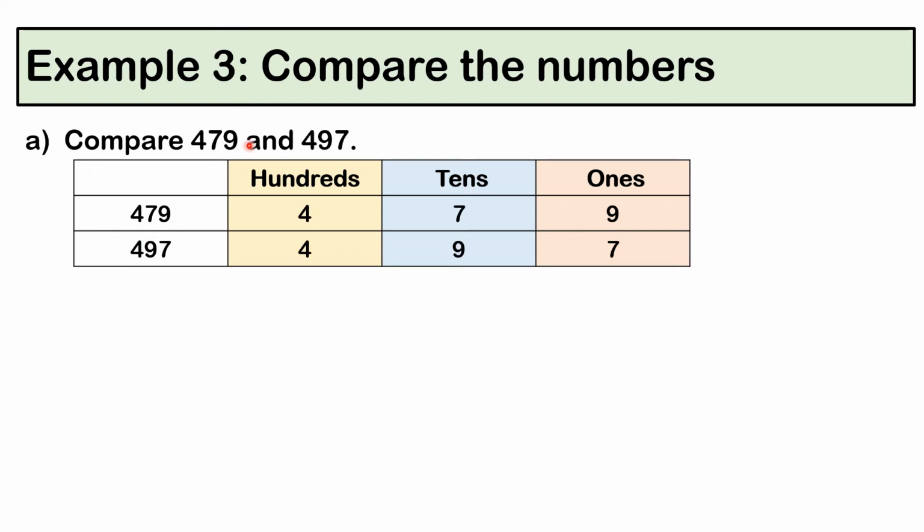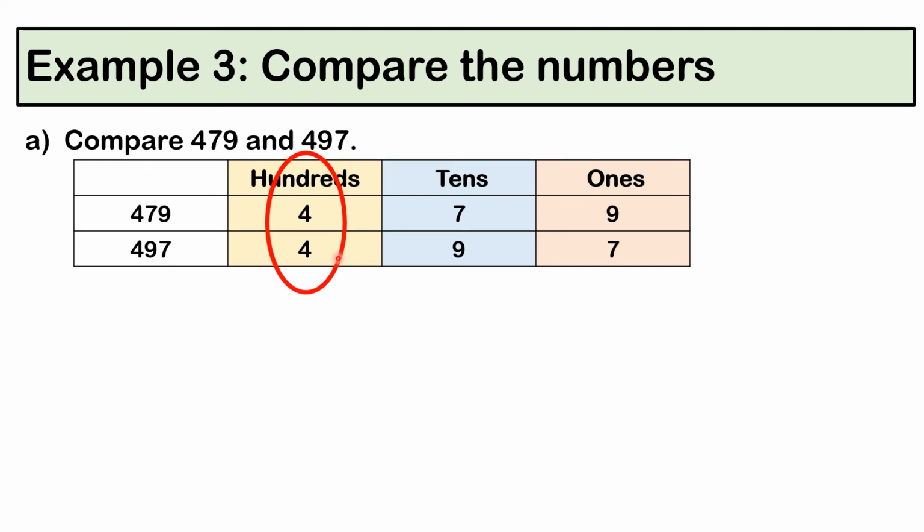So now, let's compare 479 and 497. Again, I put both numbers in place value charts to make it easy for us to compare which one is smaller and which one is greater. So the very first digit for both numbers in hundreds is 4, and it is the same.